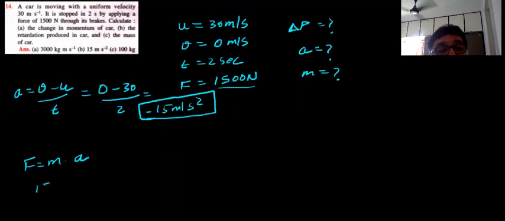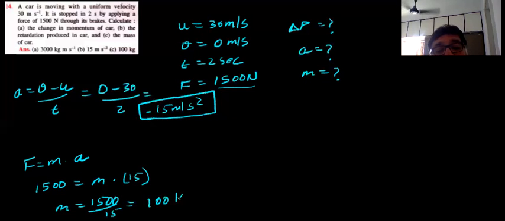So 1500 newtons equals the mass of the car multiplied by the retardation produced, which is 15 meters per second square. So mass equals 1500 divided by 15, which is equal to 100 kg. So the mass of the car is 100 kg.